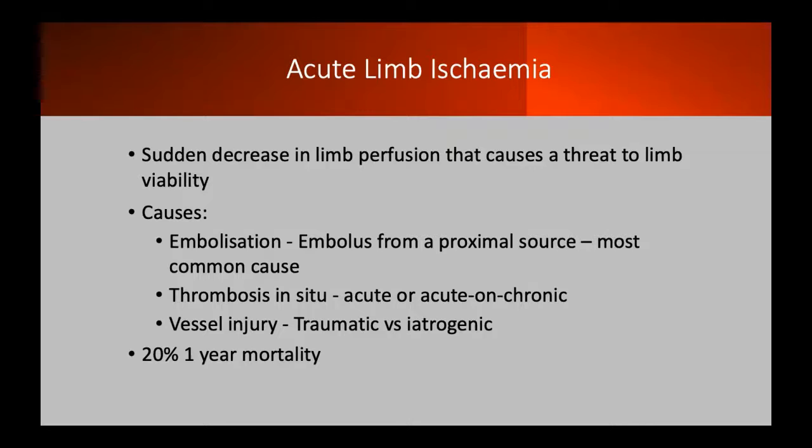And the least common cause is vessel injury, so due to trauma or due to an iatrogenic cause. One of the traumas that could cause it is compartment syndrome as well. In acute limb ischemia, you can see that there's an even higher risk of death, 20% 1-year mortality.